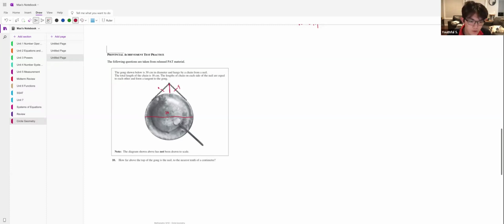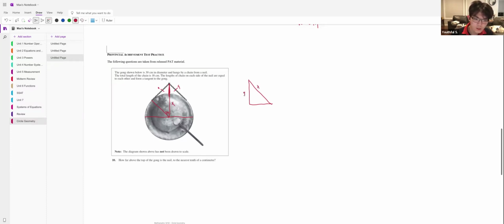So we can draw the center of the circle. We have a 90-degree, right triangle, like this. So the hypotenuse is this length here, we'll label that as x.